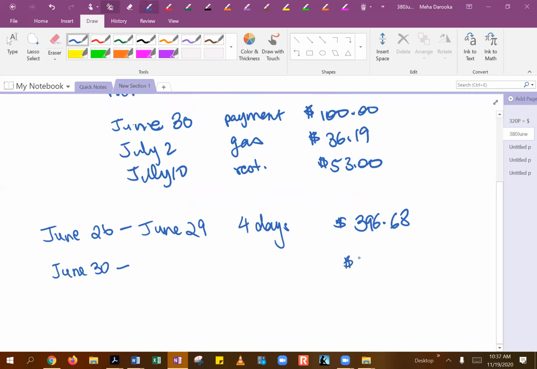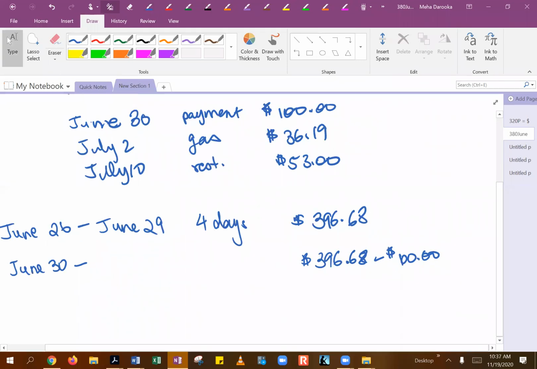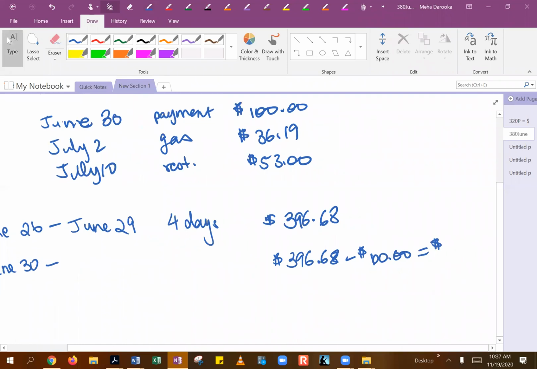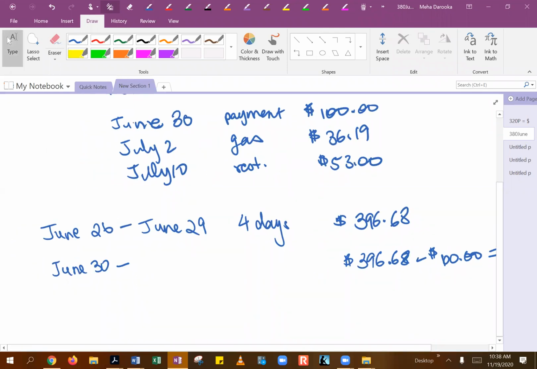So this is where you're taking this previous balance of $396.68 and subtracting the payment of $100 from that. So of course, this will go down to a balance of $296.68.